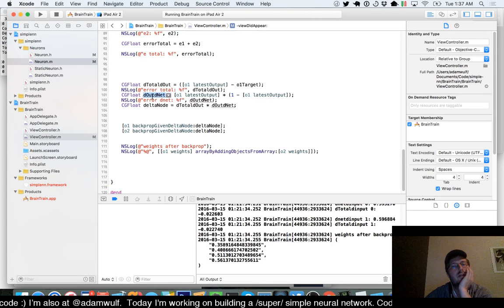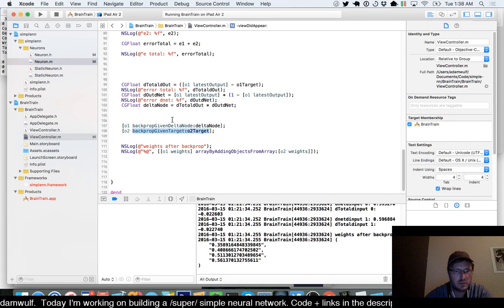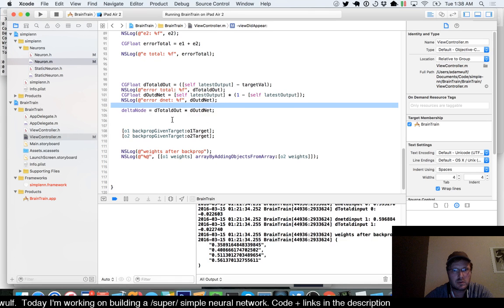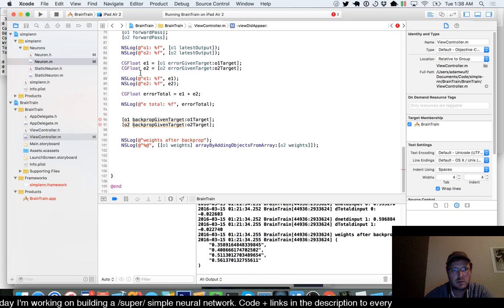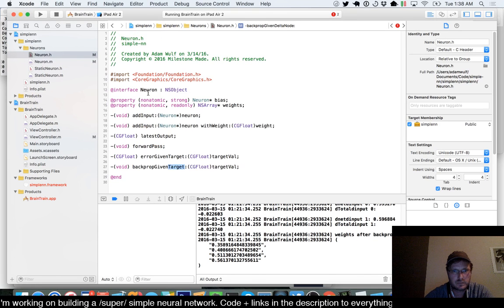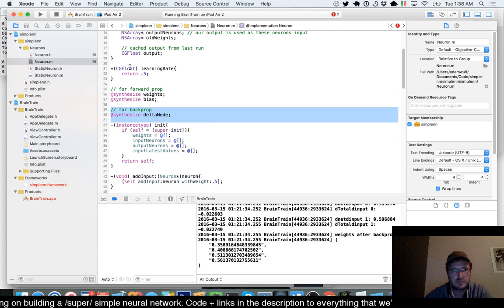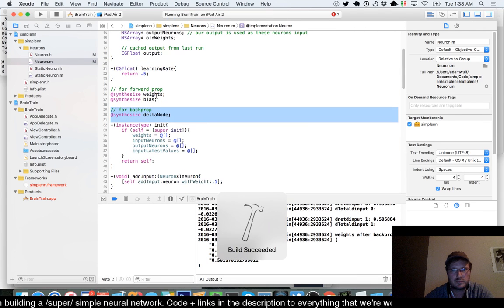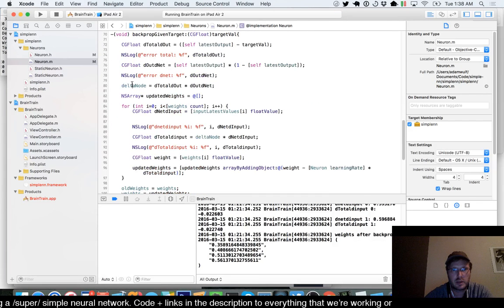Oh, no, because I was wrong again, because this delta happens for every single one. So I was wrong. It is going to be better to put it back in here. There we go. And so that way it has it.